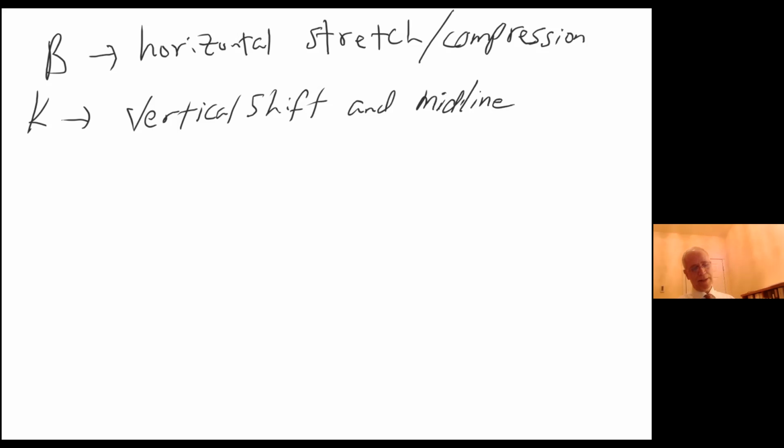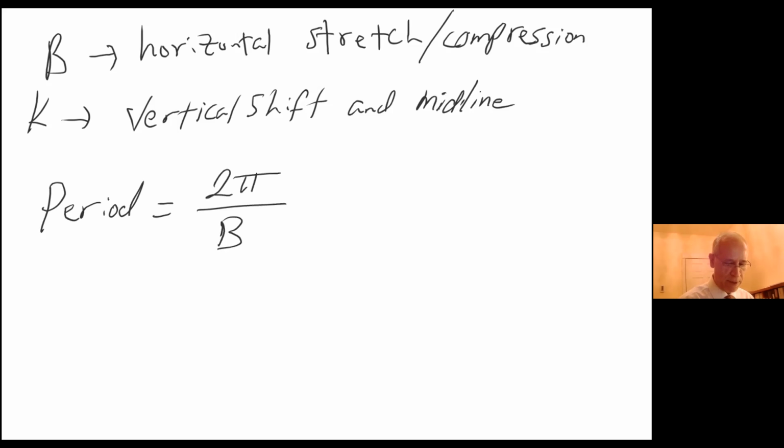Okay. Well, I need to just rack my brain and see what information I know that could be helpful. I know that period equals 2 pi over b, and of course I'm hunting for this b. What else do we know?